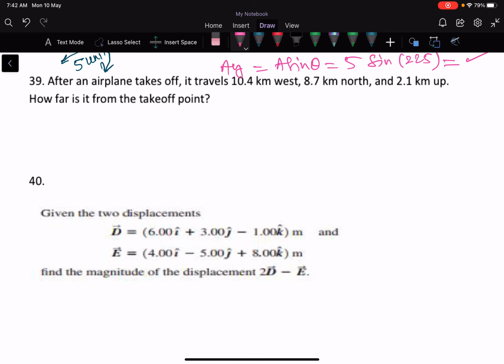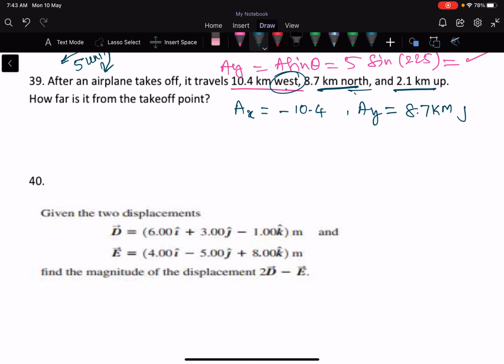Next, after an aeroplane takes off, it travels 10.4 kilometers west, 8.7 kilometers north, and 2.1 kilometers up. How far is it from the starting point? So here the x component ax is equal to minus 10.4, as it is pointing along the west direction, and ay is equal to 8.7 kilometers north.